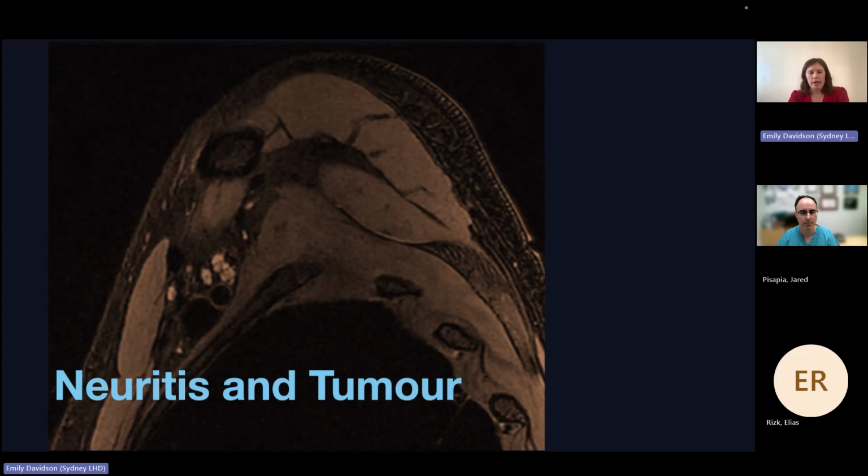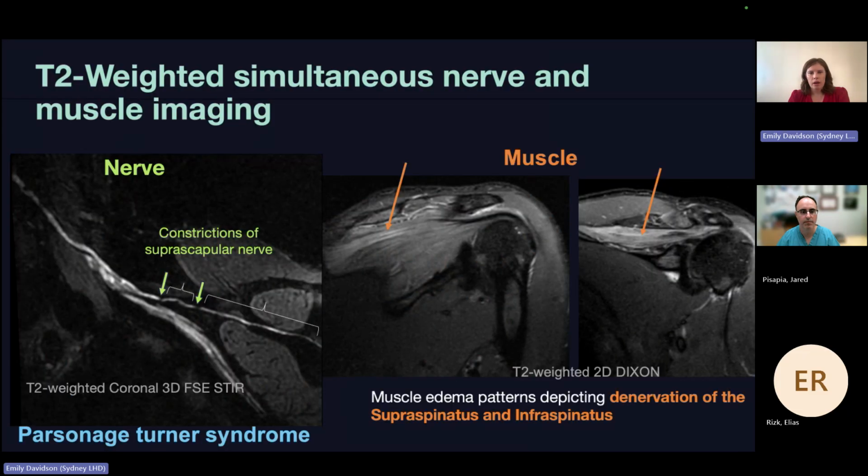So let's go through some cases. We spoke about the advantage of having simultaneous nerve and muscle imaging on MRI. And this is a nice example where we have a peripheral neuropathy, denervation changes of the infraspinatus and the supraspinatus muscles. And that prompts us to go and look at the nerve.